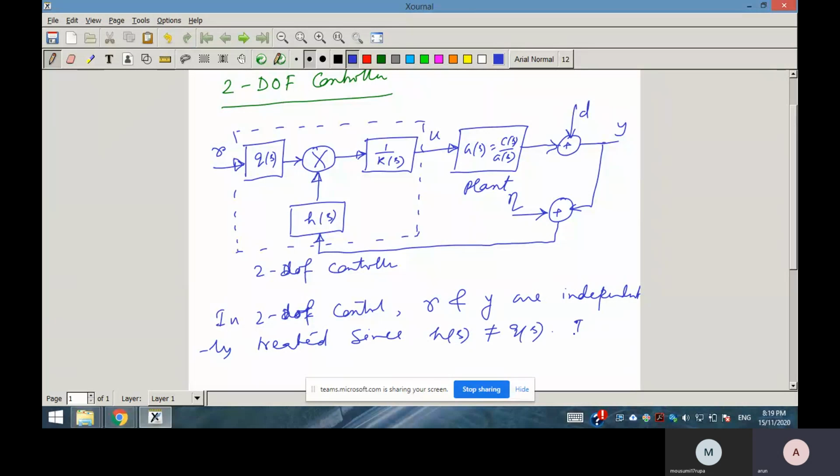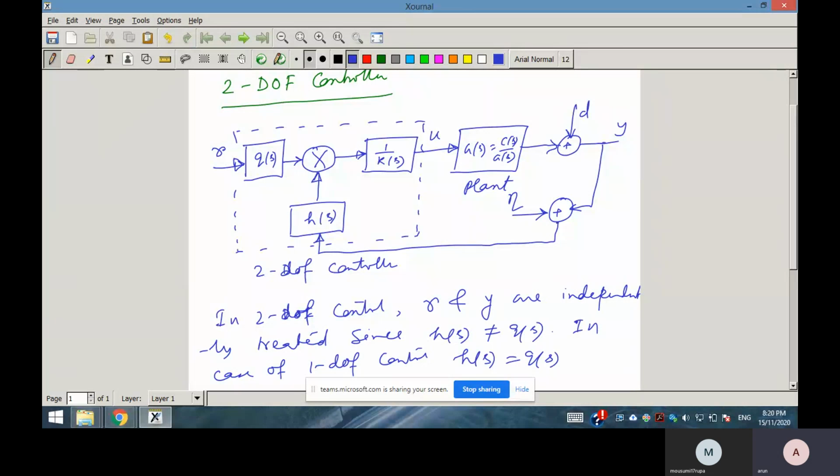In case of 1 degree of freedom control, H(s) equals Q(s). So that means 2 degree of freedom is a superset of 1 degree of freedom control.